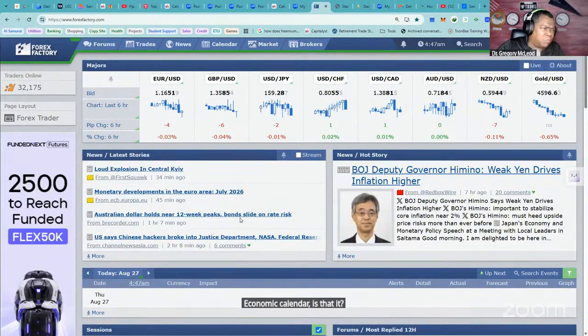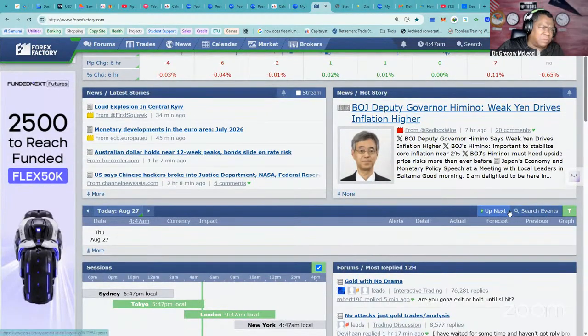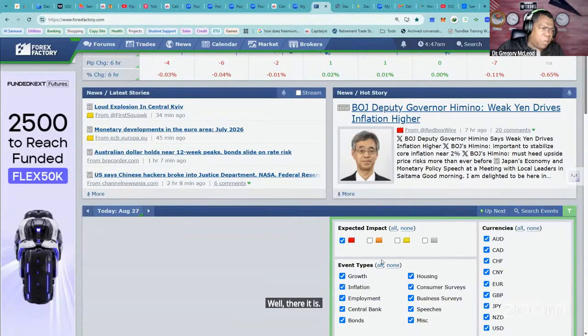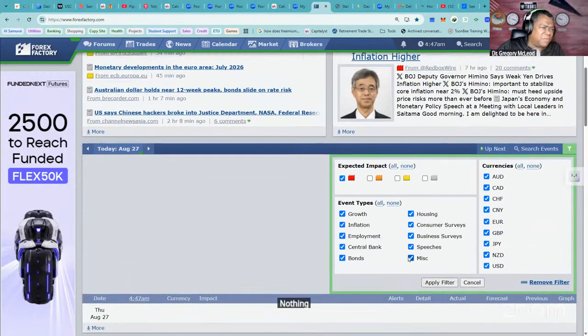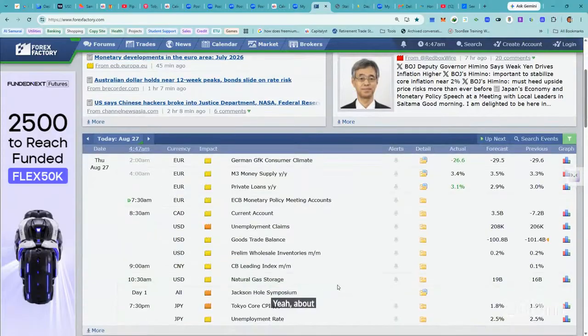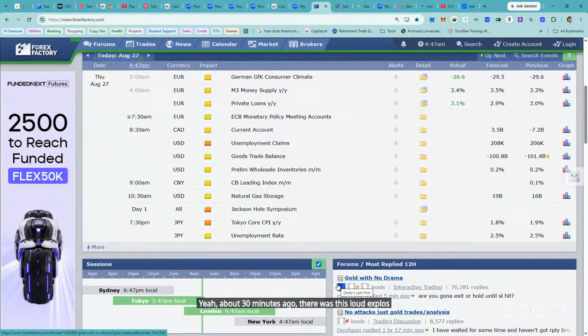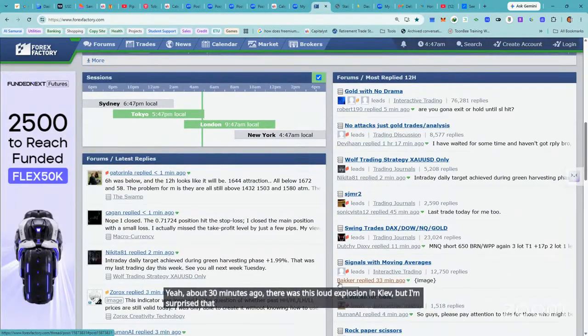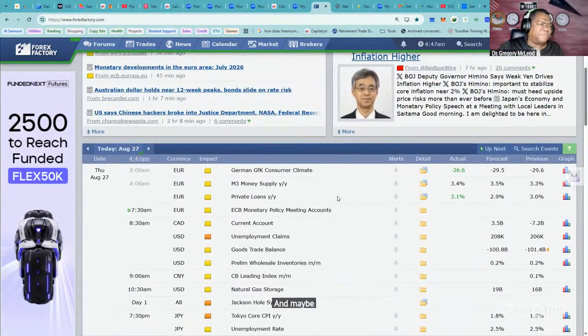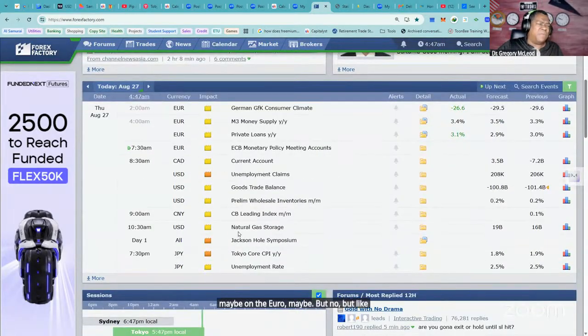Is that it? Well, there it is. Nothing. There's nothing going on. About 30 minutes ago there was this loud explosion in Kiev, but I would be surprised if that has an impact on anything. Maybe on the euro, maybe, but there's no red level economic data.